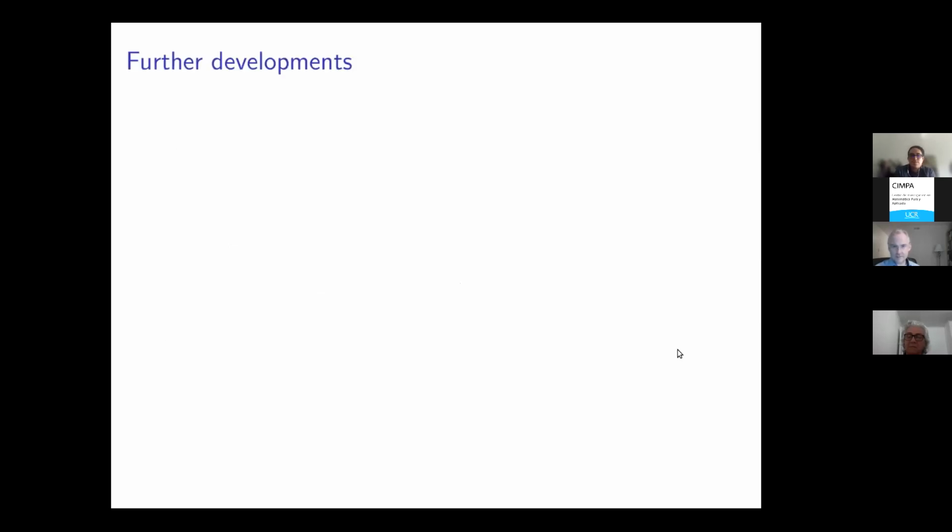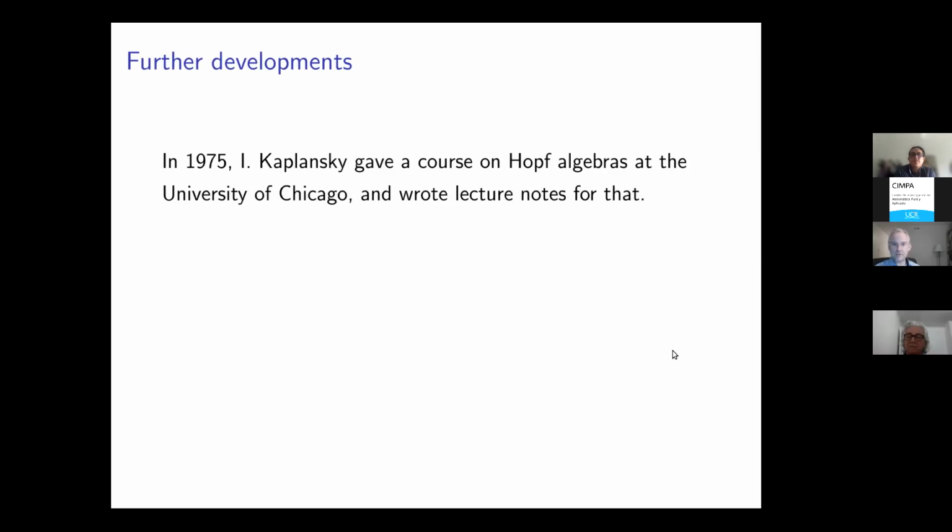So let's briefly look at how the theory developed further from this point in time. It was relatively new at that point, and in 1975, Irving Kaplansky gave a course on Hopf algebras at the University of Chicago and wrote lecture notes for it.